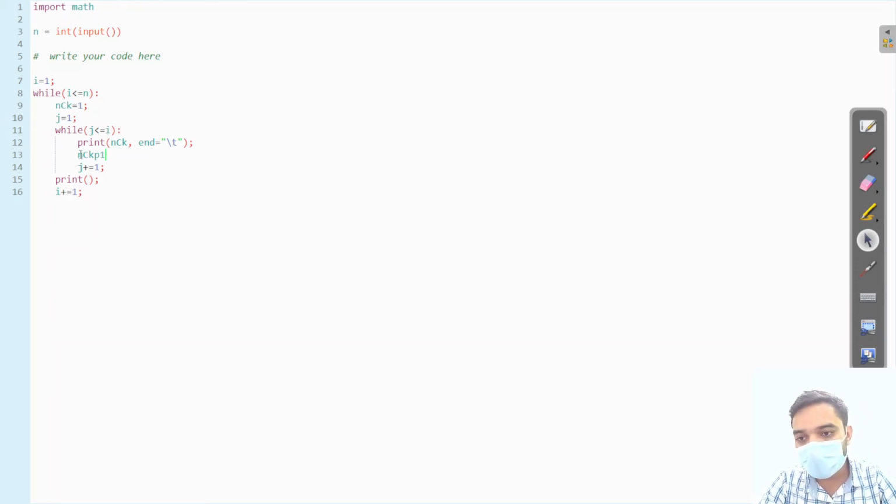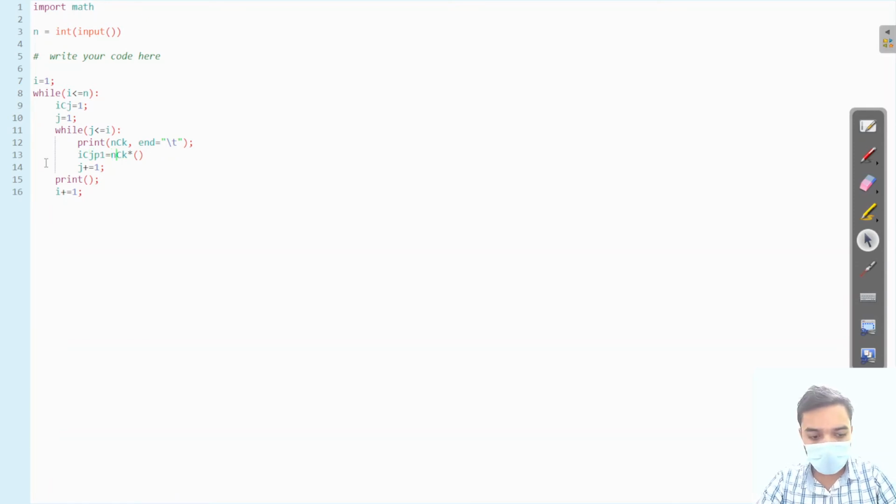I hope you are getting it, why I'm writing like this, because you should get this. This is nCk and now I am finding my nCk plus 1. My nCk plus 1 will be nCk multiplied by, let me write it as iCj, this is my iCj and this is iCj plus 1.